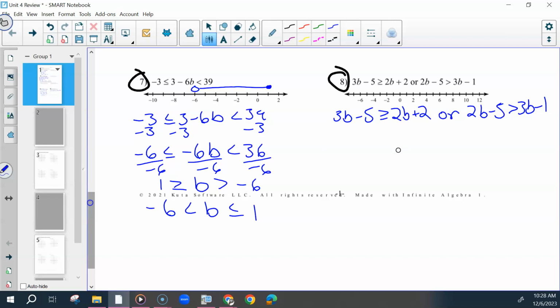So for this one, let's say I subtracted 2b. You can do this simultaneously or step by step. I'm going to do it at the same time because I don't have a whole lot of space. Because I moved 2b over here, I'm going to also add 5. If you did that in 2 separate steps, that's fine.